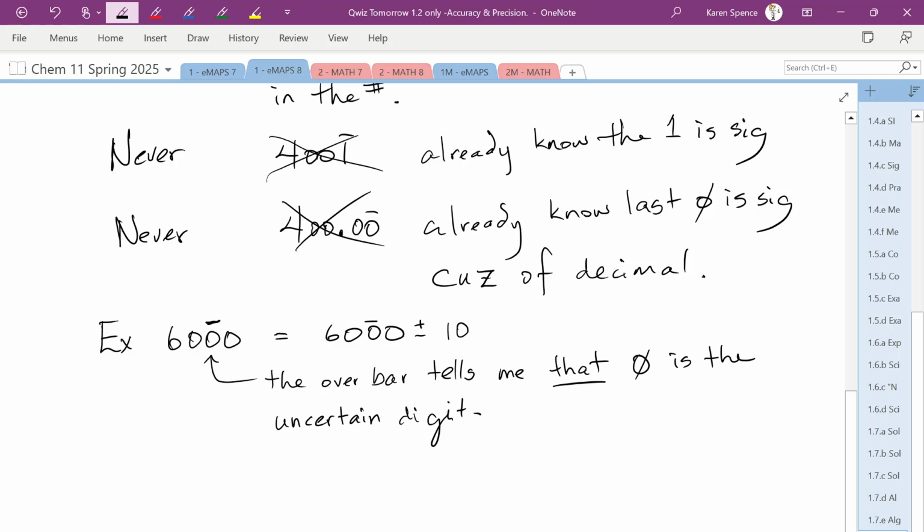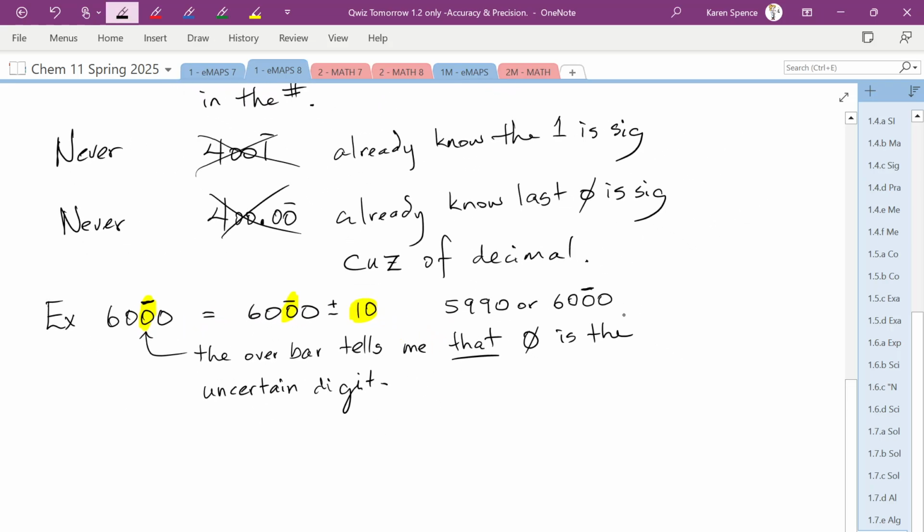Here's my uncertainty in the tens position, so it is plus or minus 10. What that means is that my number could be 5,990, or it could be 6,000 with this digit being uncertain, or it could be 6,010.